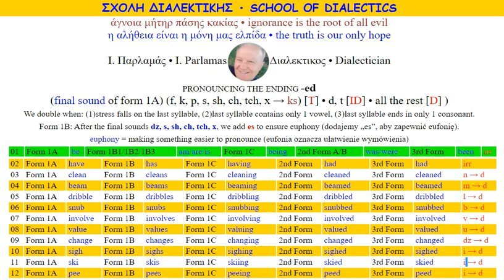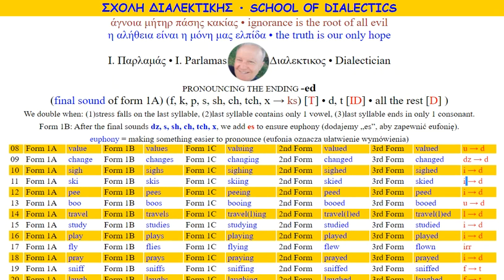Okay, and pee, final sound E, pee, pees, peeing, peed, peed. Final sound E, and the ending ED is pronounced like D. Okay, boo, here, number 13. Boo, boos, booing, booed, booed. Final sound oo, boo, booed.